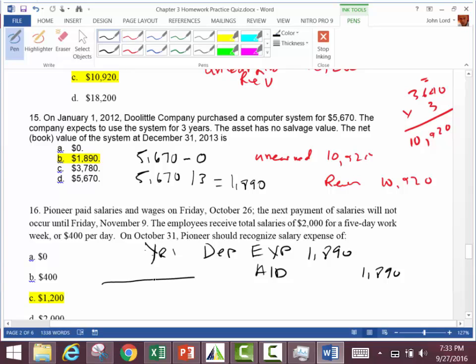I'm going to tee up my accumulated depreciation over here for 1,890. So I have a balance of 1,890, don't I?